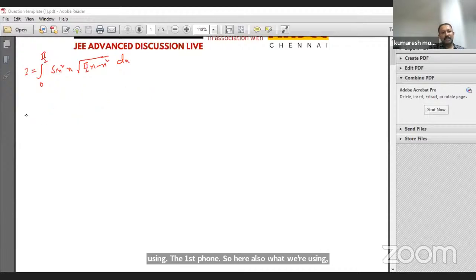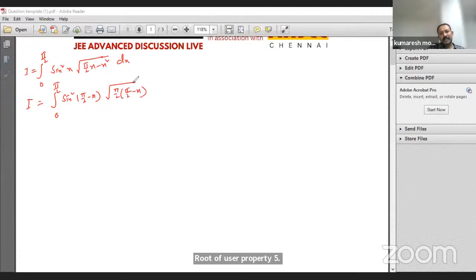So I equals, using the property, integral from 0 to pi by 2 of sine of (pi by 2 minus x) into root of (pi by 2 into (pi by 2 minus x) minus (pi by 2 minus x) whole square) dx.